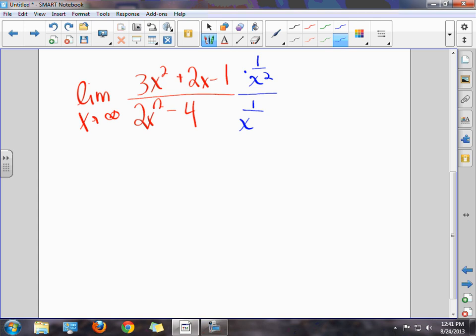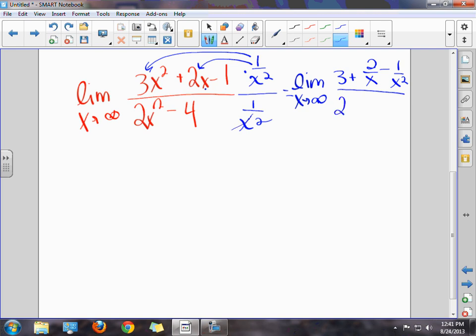Multiply this by 1 over x squared. And then I'm going to distribute. So I get the limit as x goes to infinity. Here, the x squareds are going to cancel, so I'm just going to have a 3. Plus, here, I have 1x on top and 2 x's on the bottom, so that's going to be 2 over x, minus 1 over x squared. And now this is going to be 2 when I do the denominator there.